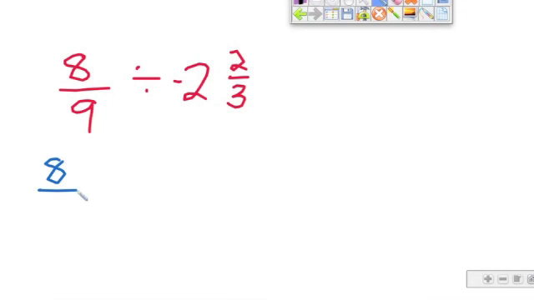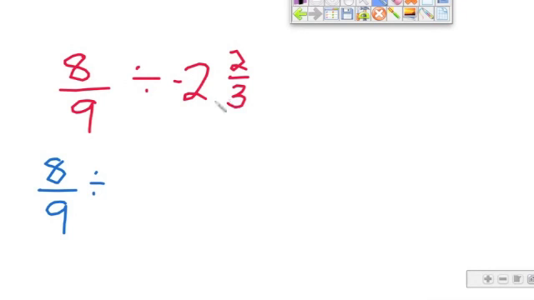What if we had something like 8/9 divided by negative 2 2/3? What do we do when we have a mixed fraction like this? Well, you turn it into an improper fraction. The first fraction is going to stay 8/9, because the first one always stays the same. Before I go flipping everything in one step, I'm going to break it into several steps, so I'm going to keep the division sign for right now.